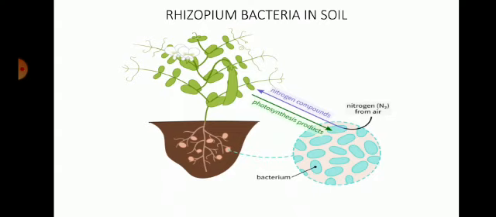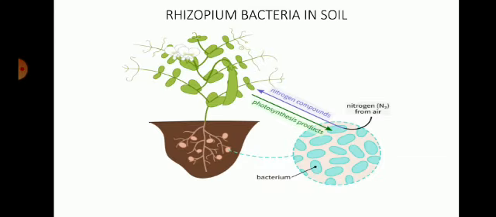The bacteria named Rhizobia live in the root nodules of leguminous plants. These bacteria take nitrogen gas from the atmosphere and convert it into a water-soluble nitrogen compound, making it available to the leguminous plant for its growth.